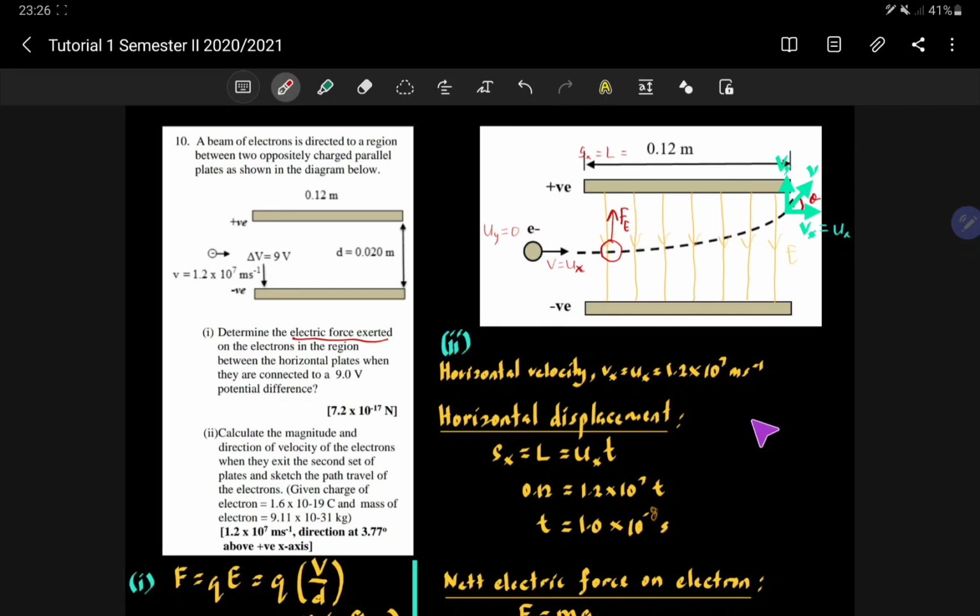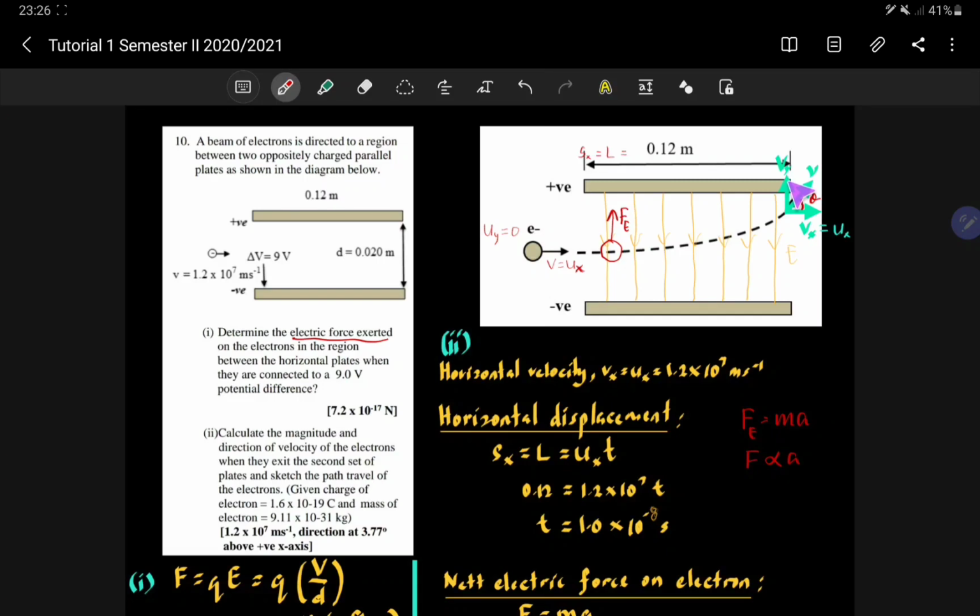Remember, from the equation F equals ma, Fe equals ma, so that F is directly proportional to a. In this case, the electric force lies on the Y component, which means that the acceleration also lies on the Y component.